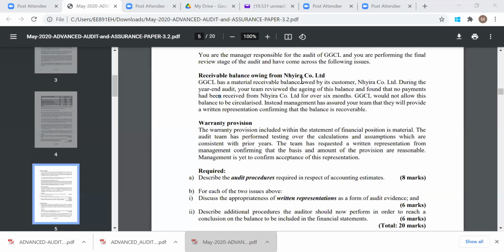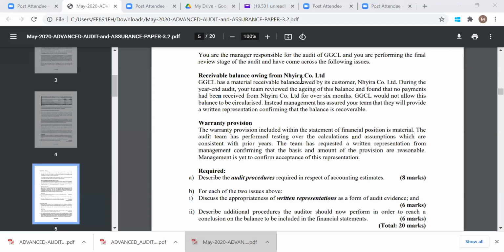Okay. And we all know what written representations are, right? As an auditor, you need to check a few things, and look at management's interests. Management's interest would be to increase assets and lower liabilities.